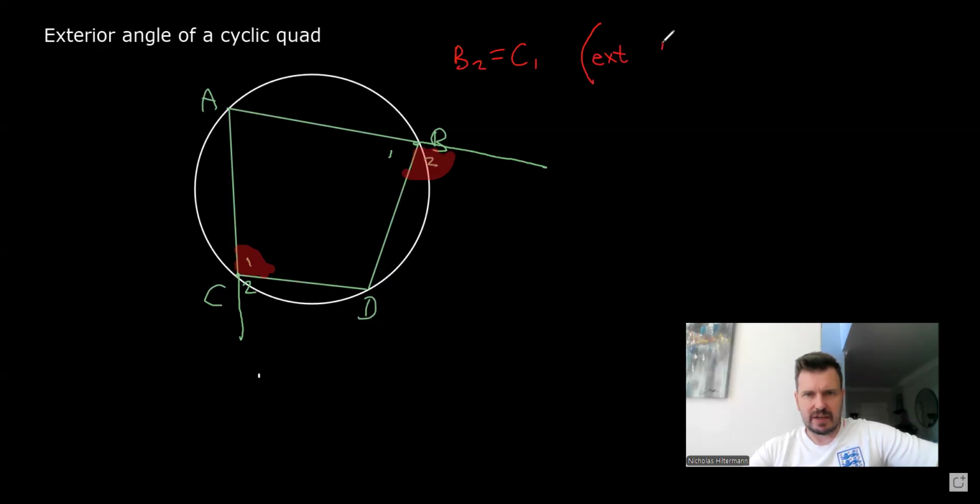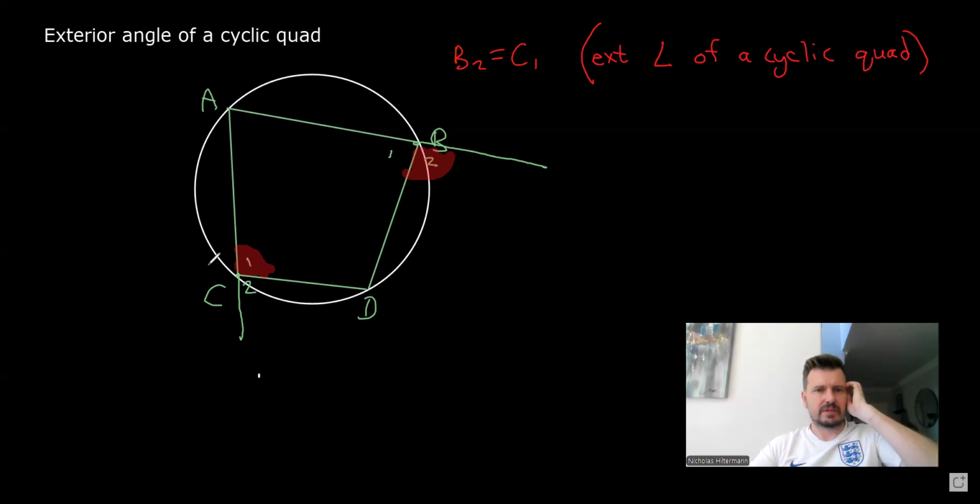Exterior angle of a cyclic quad. Yeah, that's perfect. Exactly how the guidelines have it. Okay, so another one on this would be B1. So that's the interior angle.